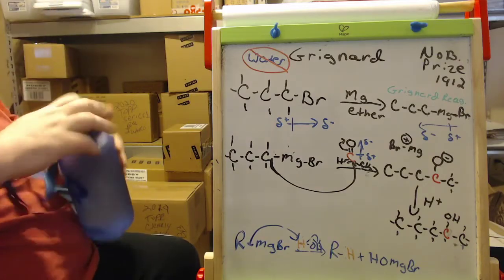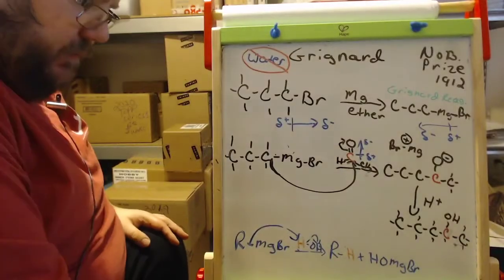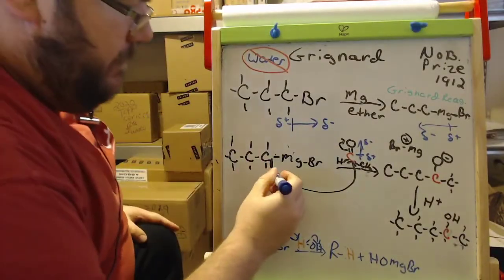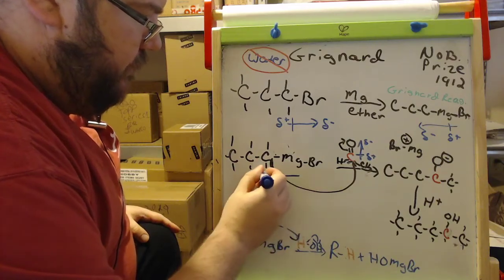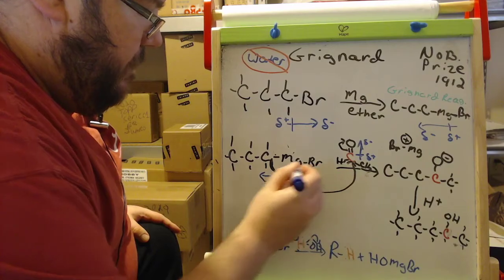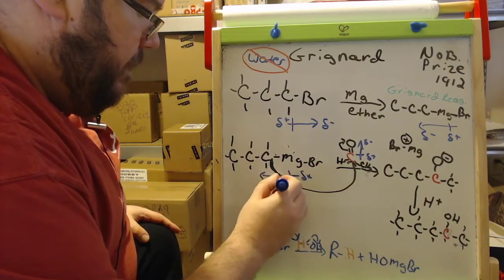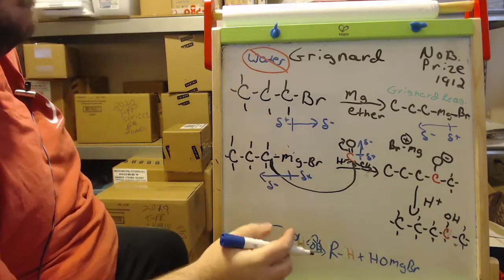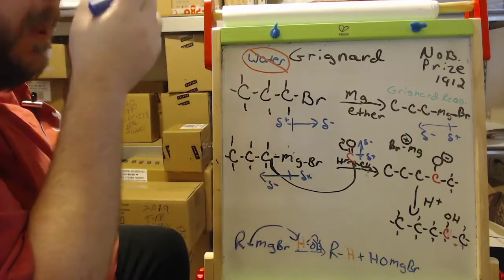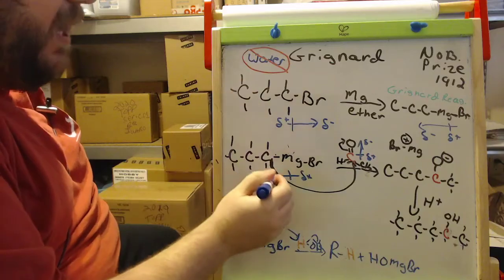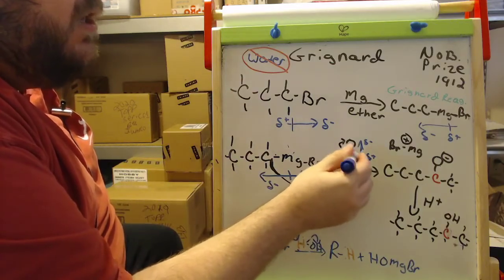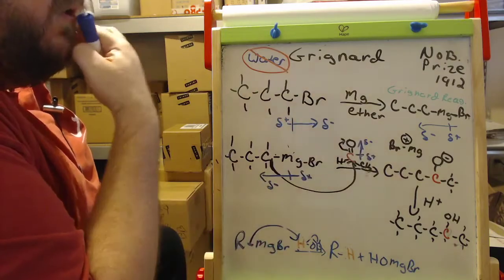So, the carbon's partially negatively charged. It's a nucleophile looking for positives, and it finds the positive in the carbonyl carbon, which I have in red here.